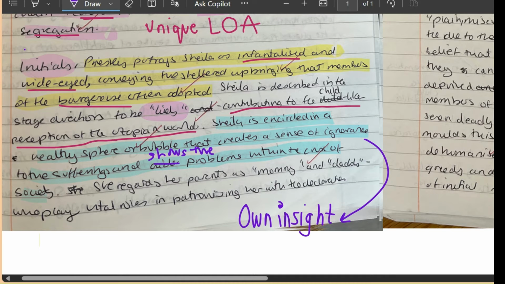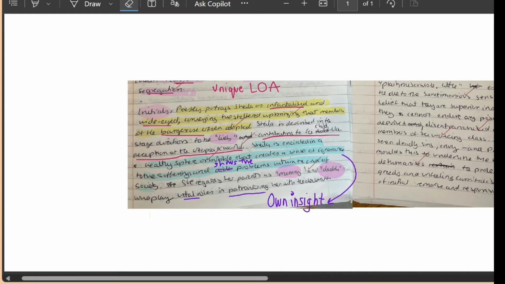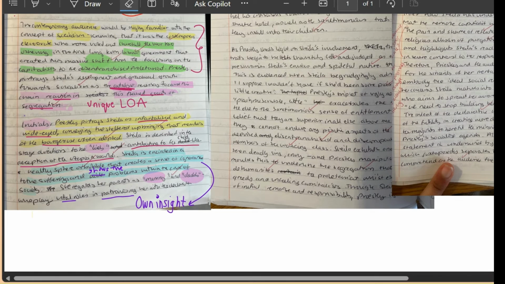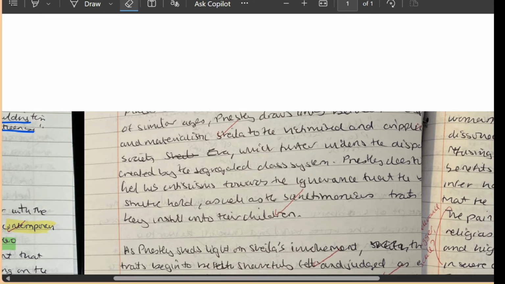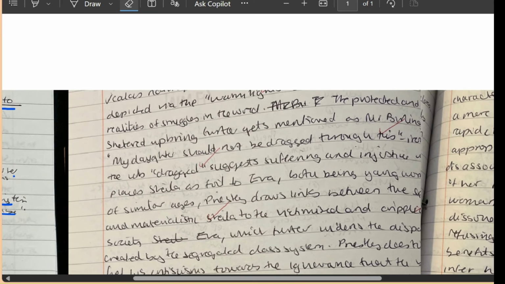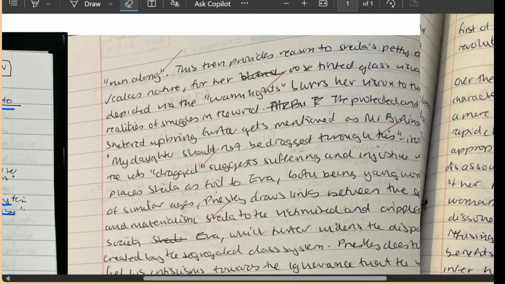She regards her parents as mummy and daddy. So we've got our next quote. As mummy and daddy, who play vital roles in patronizing her with the declaratives. So let's go on to the next page now. So the parents patronize her with the declaratives, run along.